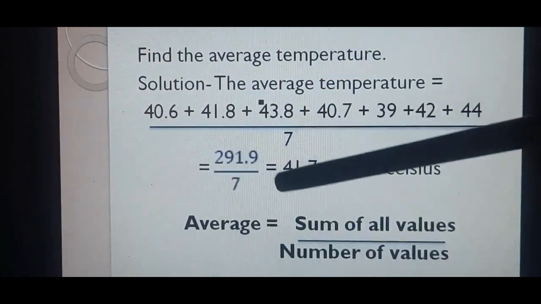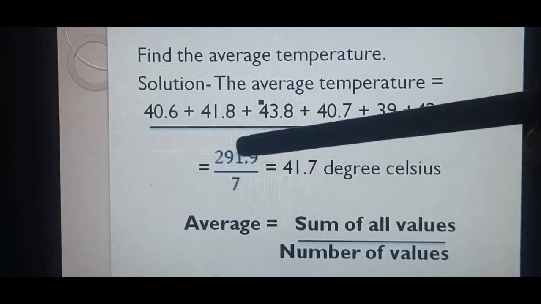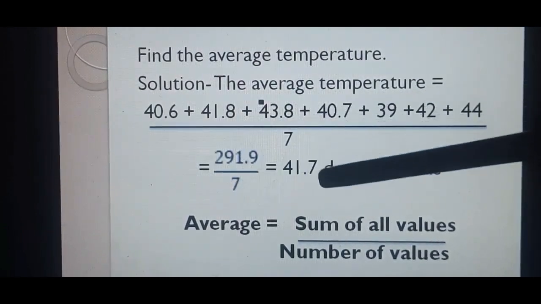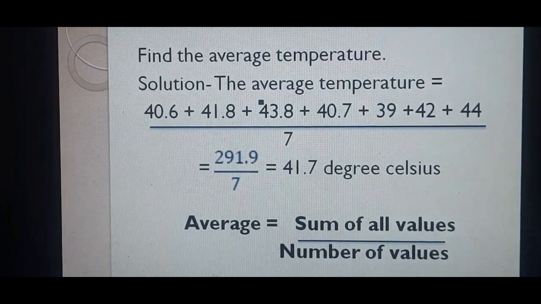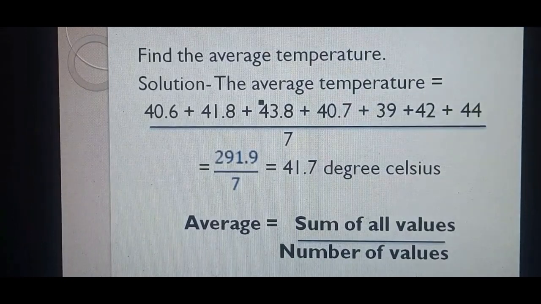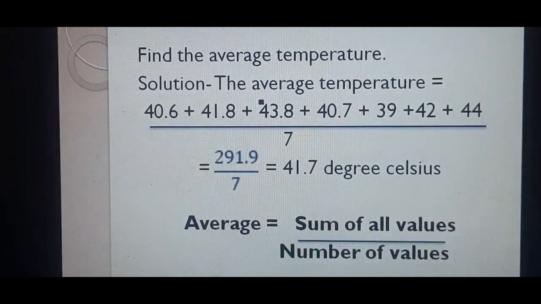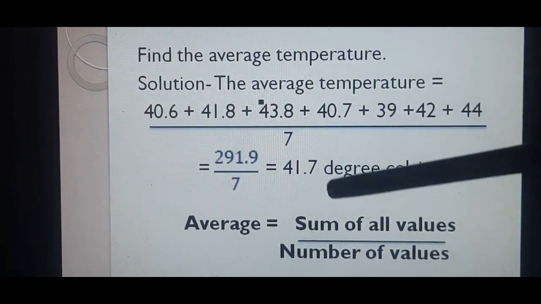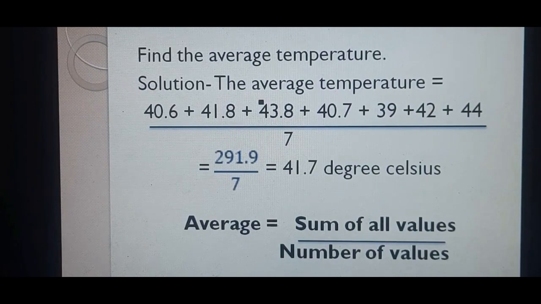So 7 1s are 7. 11 minus 7, 4. 4 and 9 will become 49. 7 7s are 49. So try to do these types of small questions orally. And if you are not able, then you can do division in rough column. Okay. So you will get the average temperature 41.7 degree Celsius.